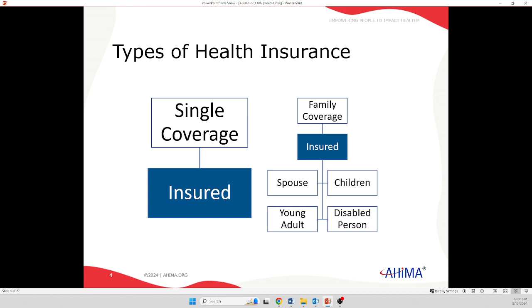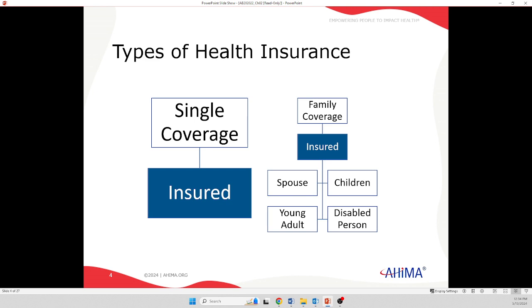The types of health insurance, we have single coverage, and then we also have family coverage. With single coverage, you only insure the policyholder, so it's only one person. With family coverage, you insure the beneficiary or that insured person, plus their spouse, children, young adults, and disabled person. Now, this usually can be bought at an insurance company or employee-based.